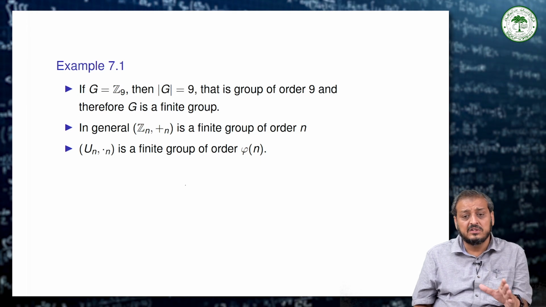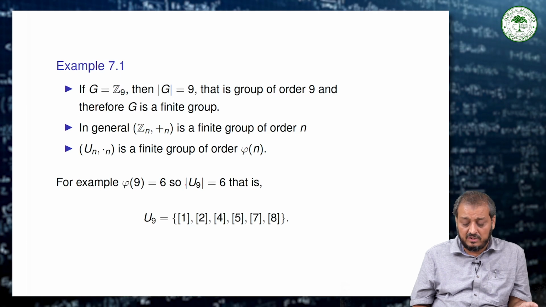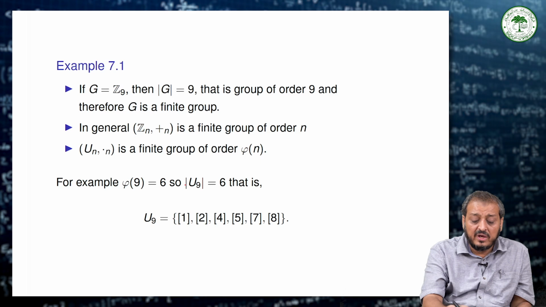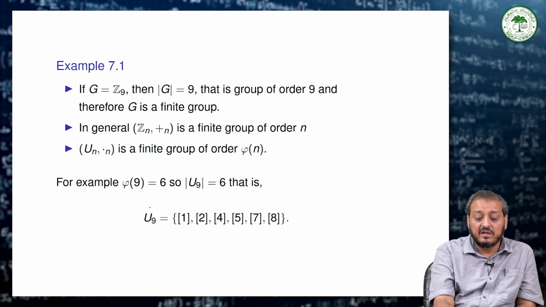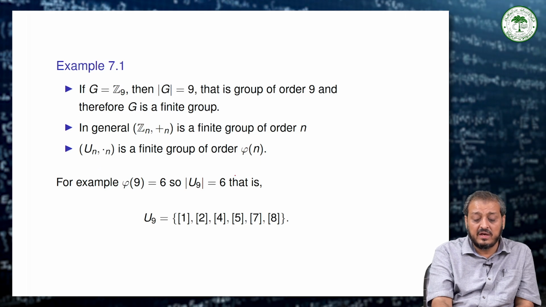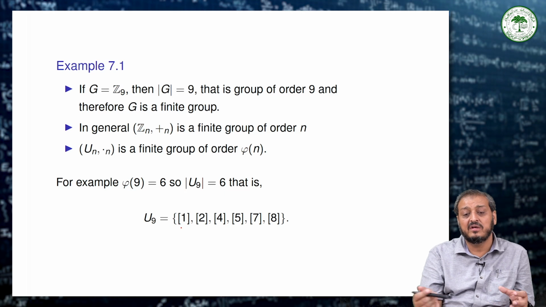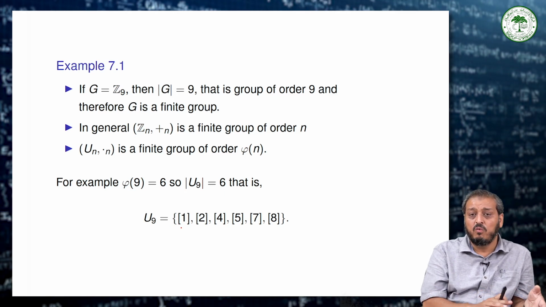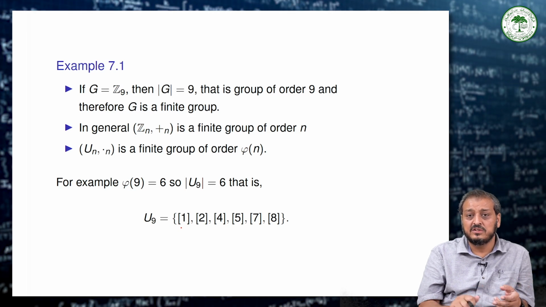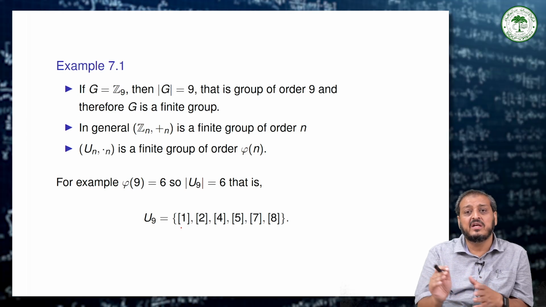So simply, for example, we take U9. Its elements are those which are relatively prime to 9. 1 is relatively prime to 9, 2 is relatively prime to 9, 4 is also relatively prime, and 5, 7, 8 are relatively prime.